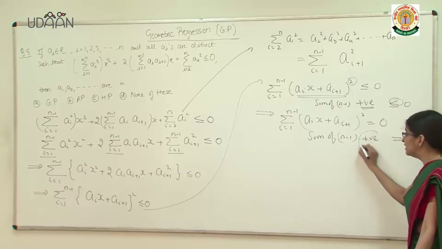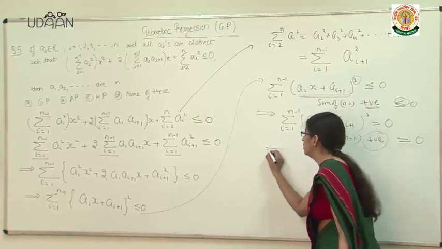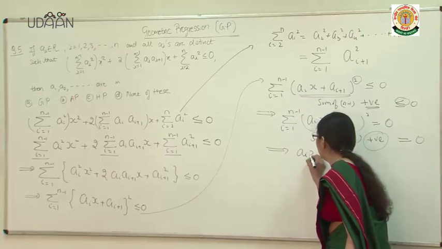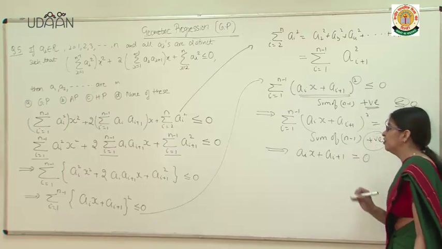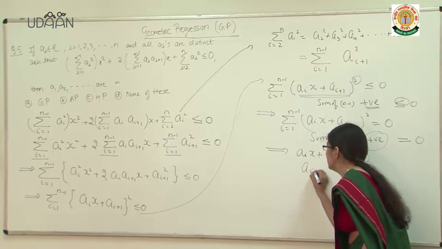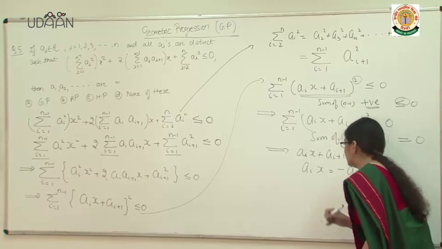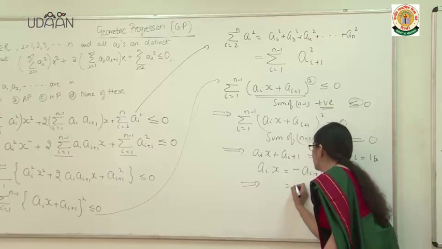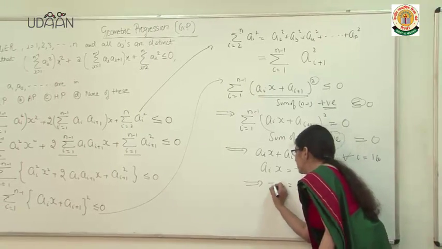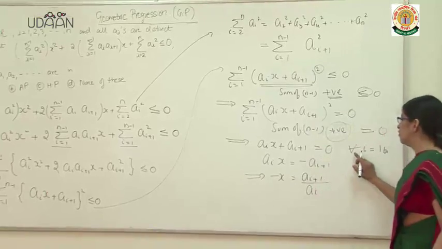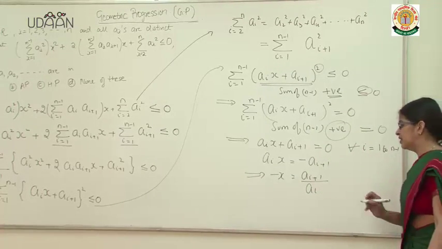Sum of non-negative terms equal to 0, what does it imply? Each of them is 0. This implies ai x plus ai plus 1 equal to 0. From here we get ai x equal to minus ai plus 1, which gives you ai plus 1 divided by ai equal to minus x. It is true for all values of i from 1 to n minus 1.